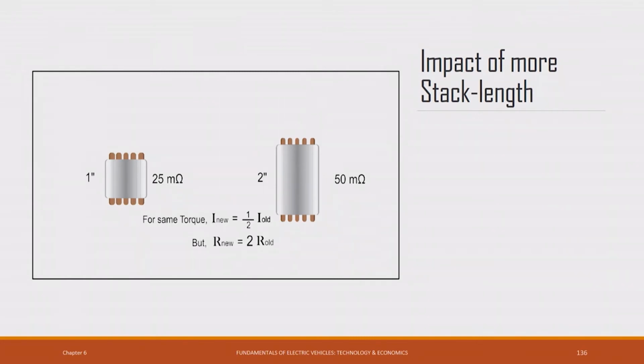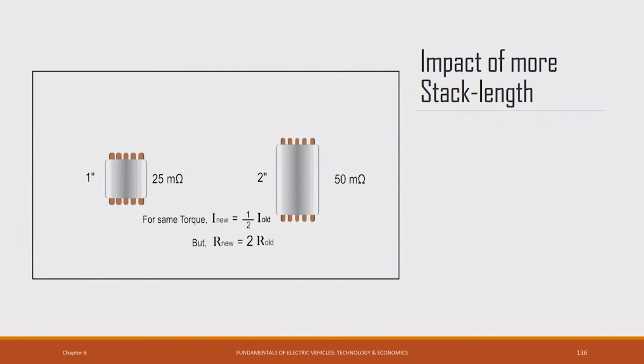If the flux linkage is doubled, for the same current I will get double the torque, or for the same torque I need half the current, just like we saw in the previous example. The back EMF constant will get doubled. So, for the same torque, the current I need in the longer stack is half the current I needed in the old.